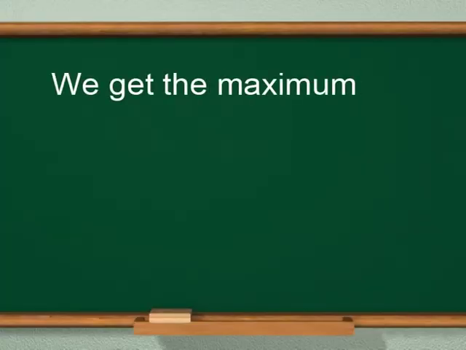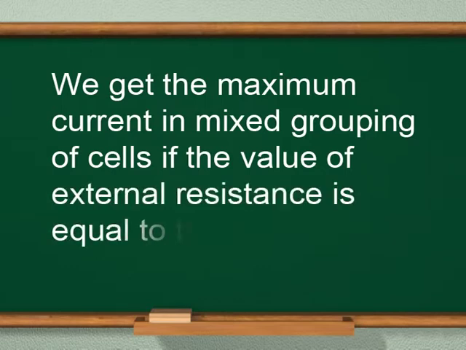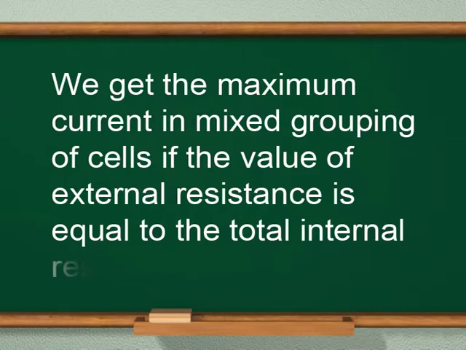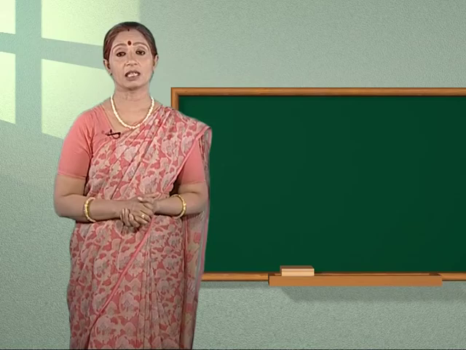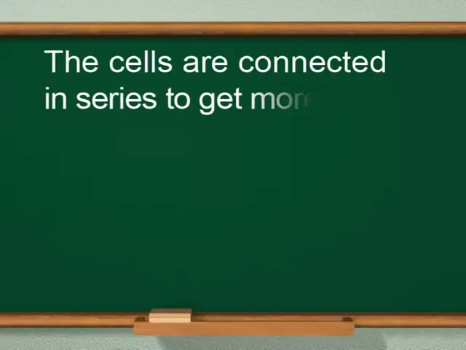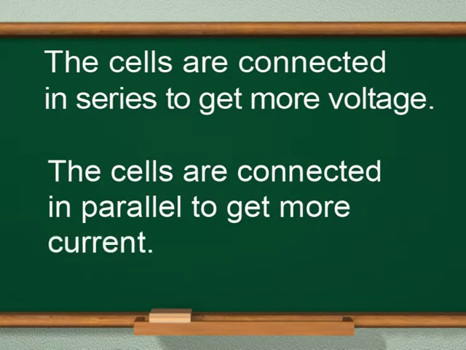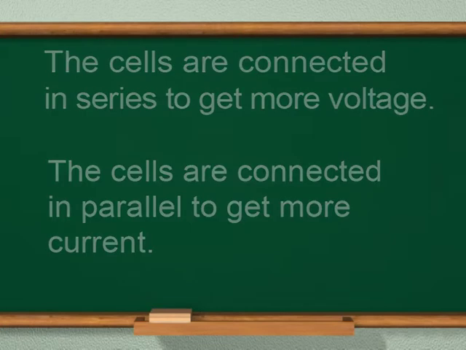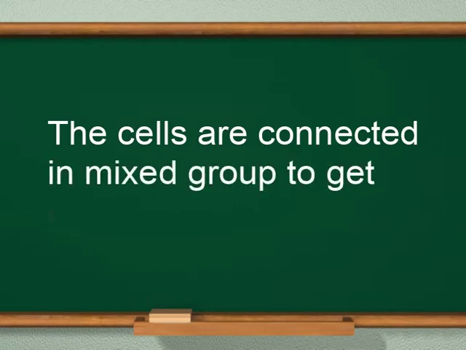We get the maximum current in mixed grouping of cells if the value of external resistance is equal to the total internal resistance of all the cells. It can be concluded that the cells are connected in series to get more voltage. The cells are connected in parallel to get more current. The cells are connected in mixed group to get more power.